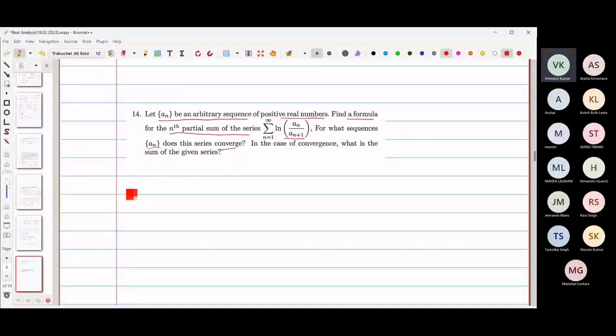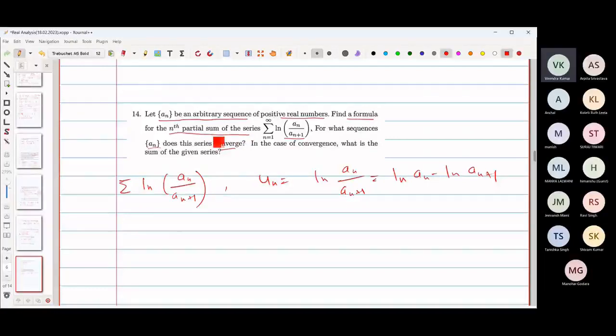The given series is ln an divided by an plus 1. Here un is log an divided by an plus 1, and you know that this is log an minus log an plus 1. We can very much write it like this.